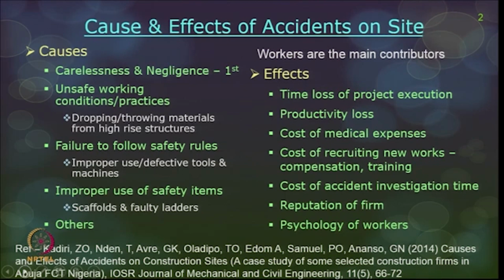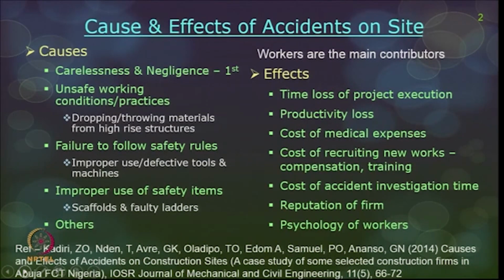Just to have an idea of what the causes of accidents are and what their effects are. Causes, you can start from carelessness about the nature of the work. Even though you know you have to take all precautions and how to execute the work, sometimes it goes off your mind and you are careless, and negligent in following safety rules and procedures. That is primarily one of the reasons, and it ranks number one on many construction sites.